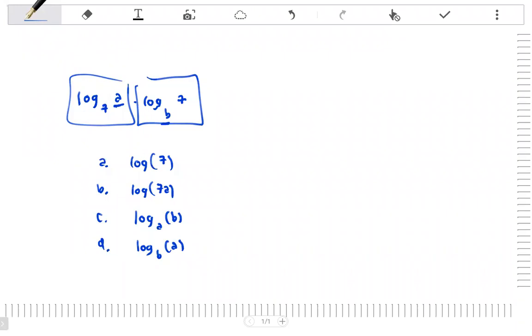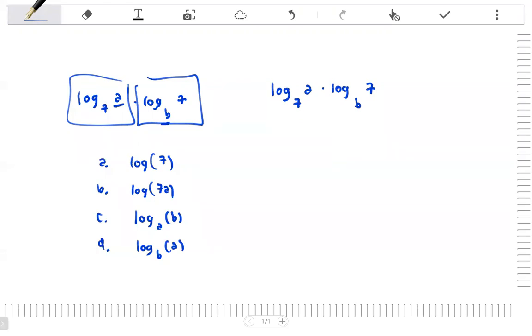Nobody? Okay. Well, let's look at the problem. We have 7 as our base in the first logarithm, but in the second logarithm, you have 7 as this number. So we have 7s, but how do we solve for this?